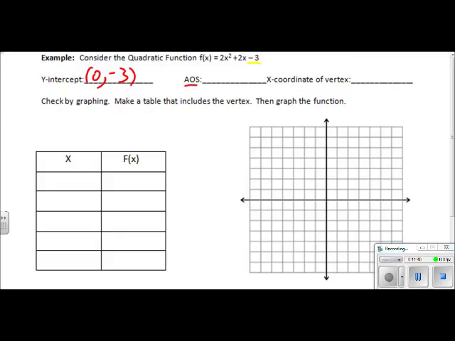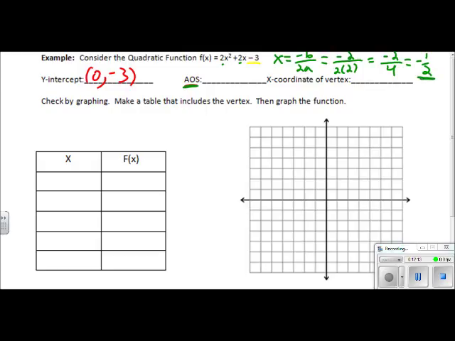Our axis of symmetry, I'm going to do this one in green. Remember, our x-coordinate of the vertex is always negative b over 2a, which in this case, b is 2, so we'd say negative 2 over a is also 2, so 2 times 2, in which case we have negative 2 over 4, which reduces to negative 1/2.